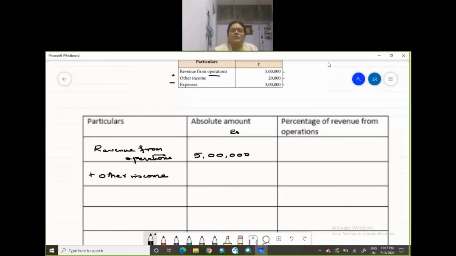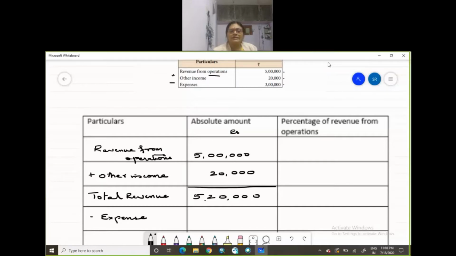Your other income is 20,000. So your total is 5 lakh and 20,000. So that's going to be your total revenue. Less expenses. Expenses are 3 lakhs.